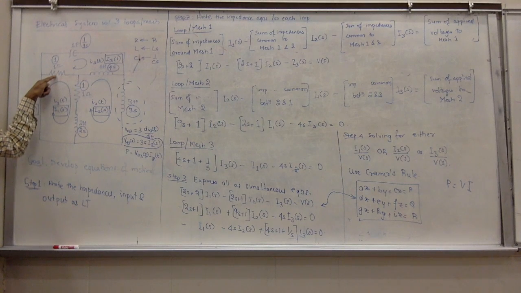I1 minus I3? Wait, excuse me. You have I1 flowing like this, I3 flowing like this. So you'll get I1 minus I3. Right. And why is it I1 minus I3? Because I3 is flowing like this.